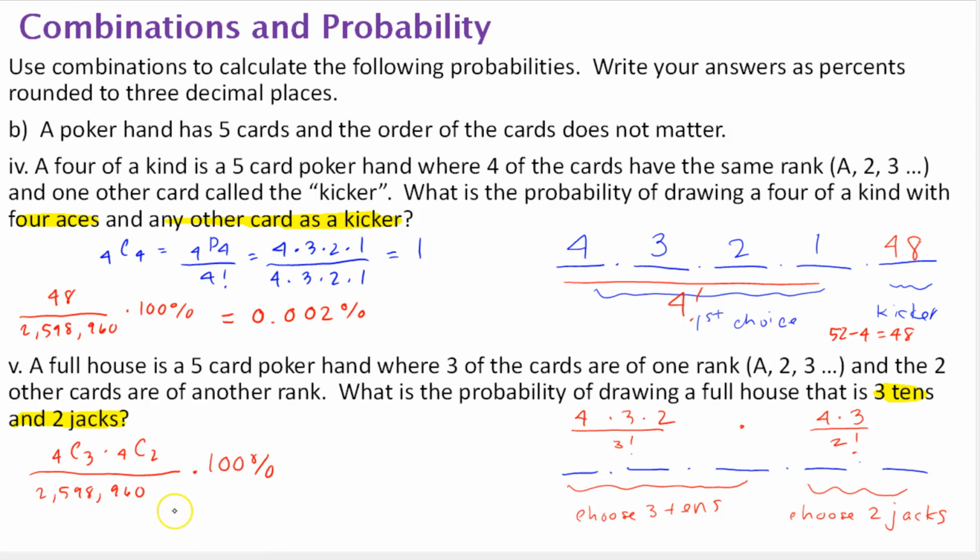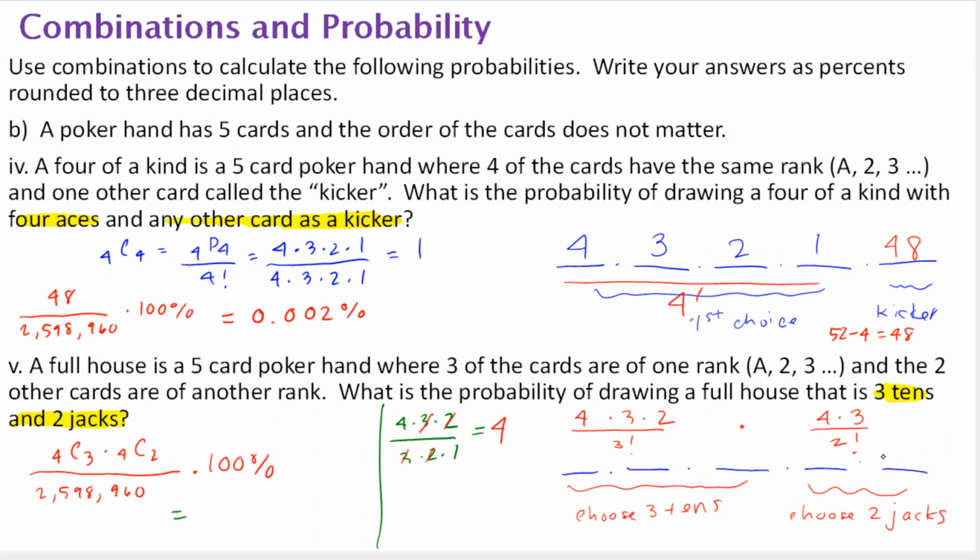So let's get our answer spot ready. This is 4 times 3 times 2 over 3 times 2 times 1. Notice the 3's and 2's cancel. And so there are 4 ways to choose 3 tens. And that makes sense. You could think of it as there are 4 ways to not choose one of the tens.